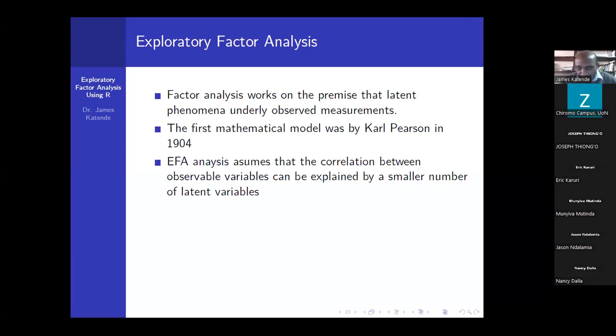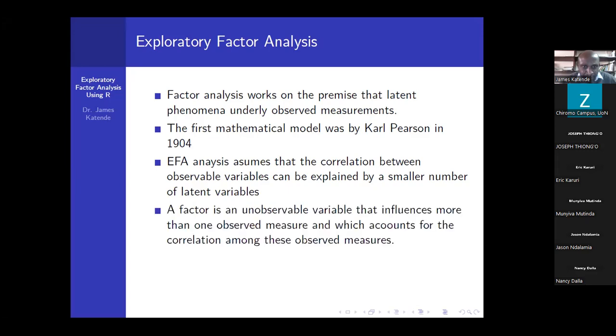You pick a large number of variables and try to group them into a smaller number of variables. The smaller number of variables are the hidden or latent variables that cannot be observed directly. The factor is not observable directly.